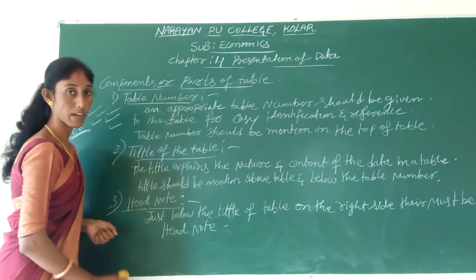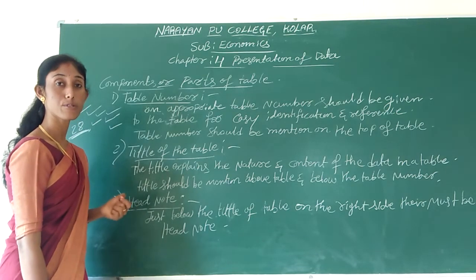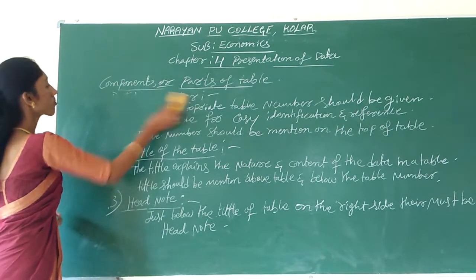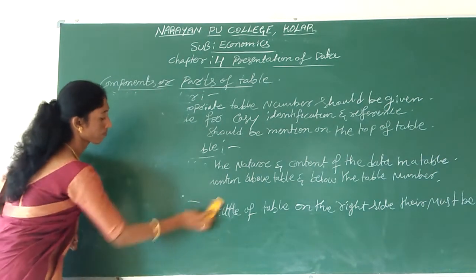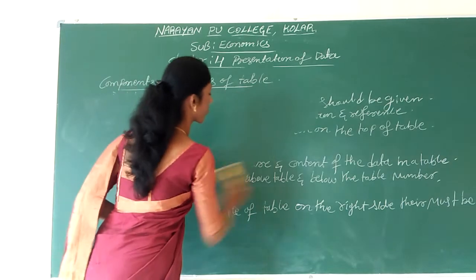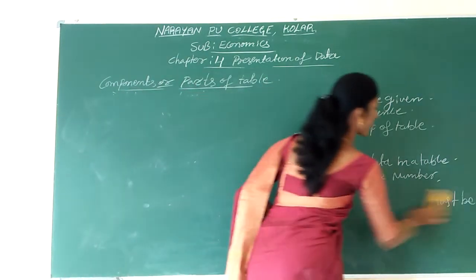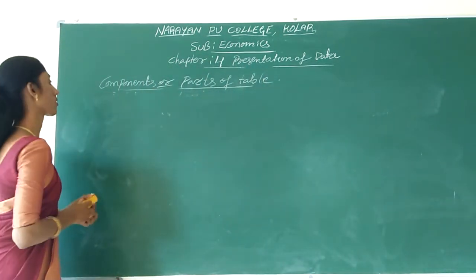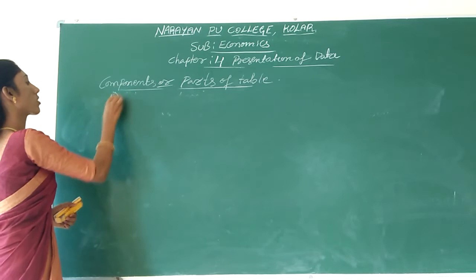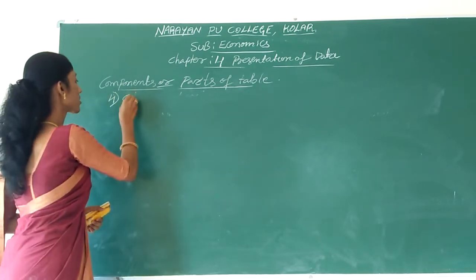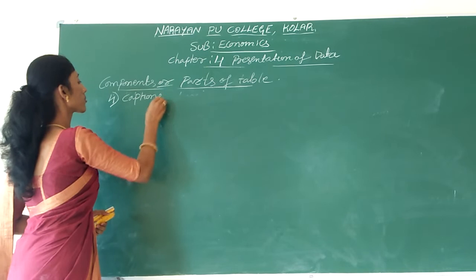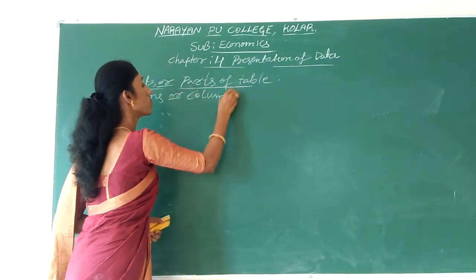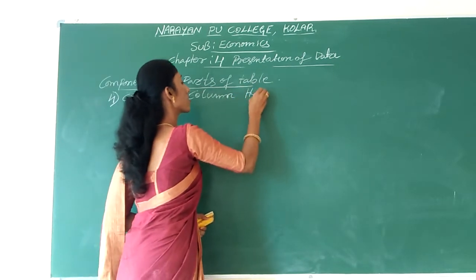Next, the fourth part of our table is captions or column heading. Next important part of the table is captions, or column heading.